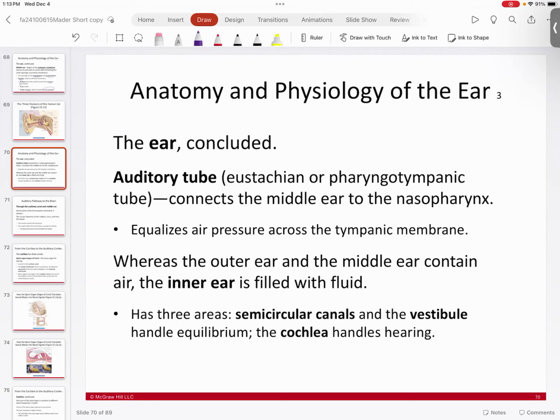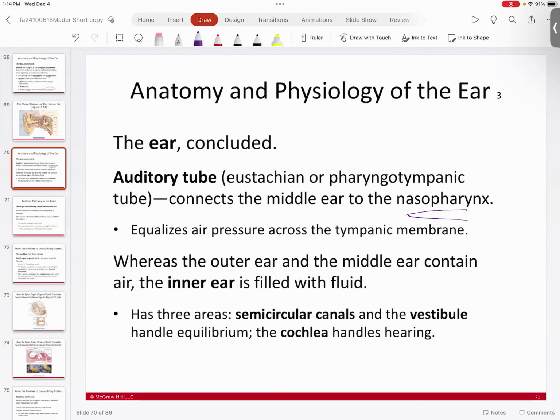But this is basically going to be connecting your middle ear to your nasopharynx. This is one of the reasons why when you get a really bad cold in your nasal cavity, it starts to plug up your eustachian tubes, and then it makes it hard to hear because there's a lot of pressure in there. And so the whole purpose of this eustachian tube is to equalize pressures.